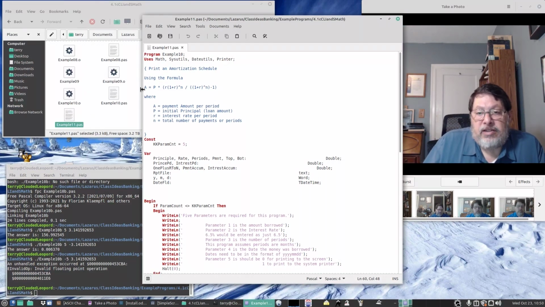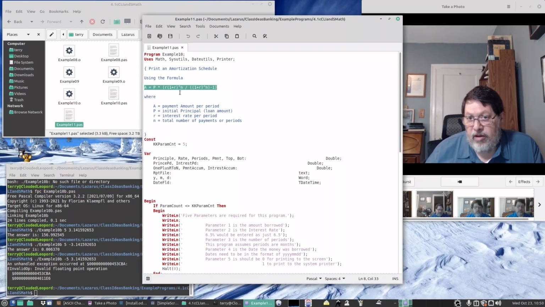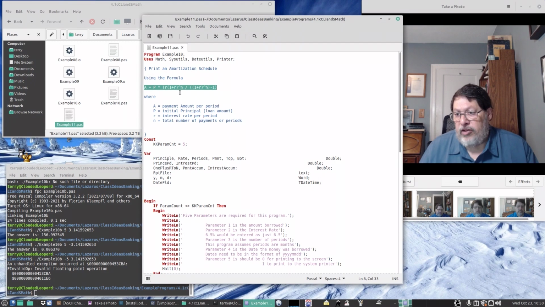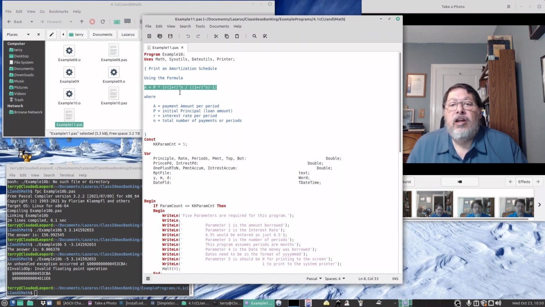It's all based on this formula here. And since Pascal does not have an exponent operand, you have to use these functions. It makes it a little more complex.